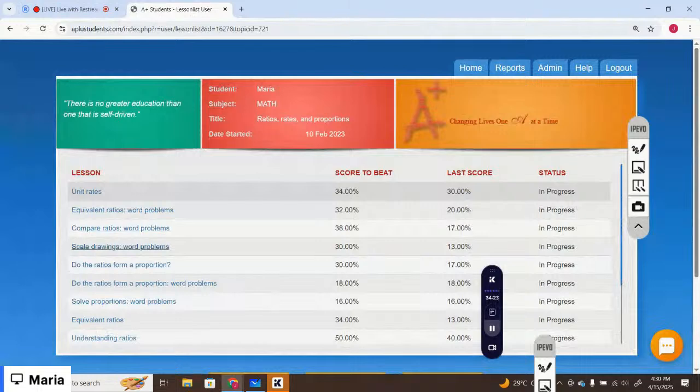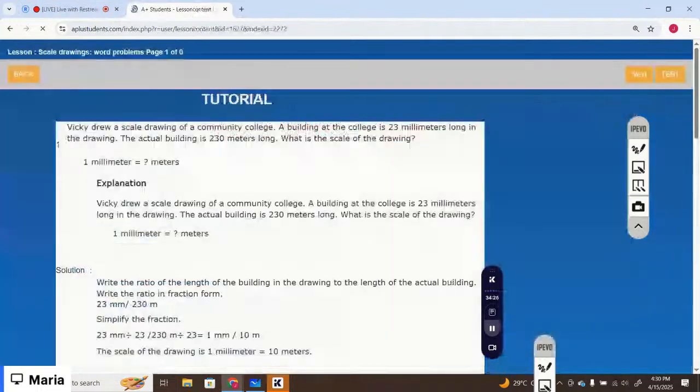The next lesson is scale drawings word problems. Let's just start with the test questions.